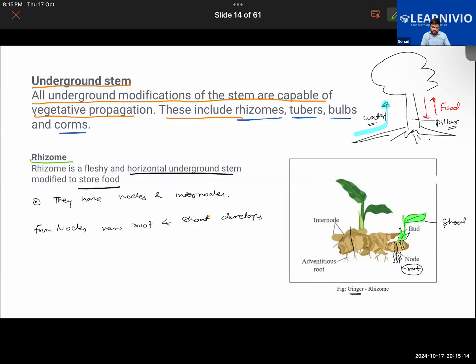Sir, the leaf? Is it from the leaf? No. Listen carefully. My question was, root and shoot will be emerging from which part of the rhizome? Look at the different parts of the rhizome. In fact, I have written it over here very clearly.